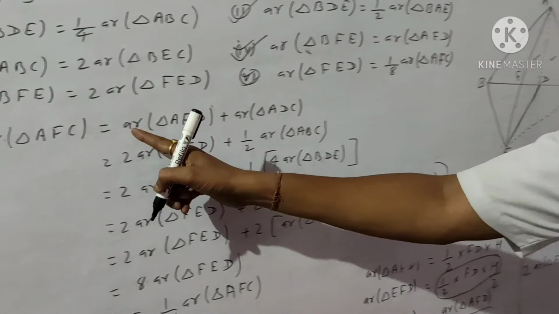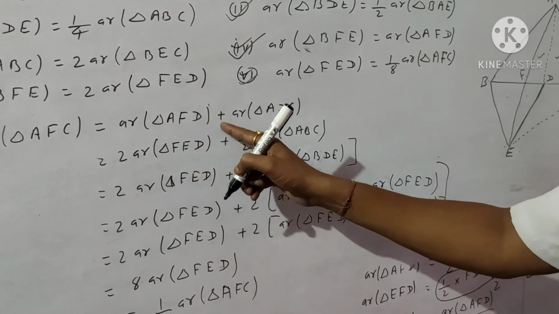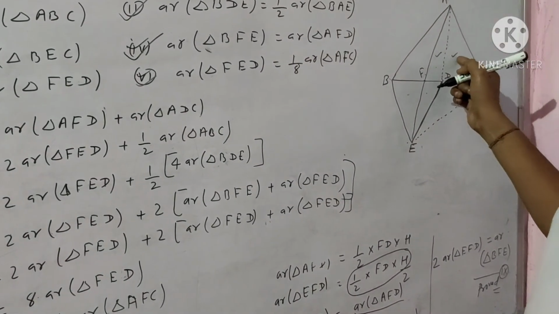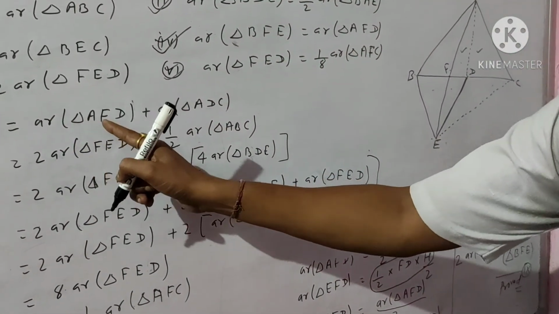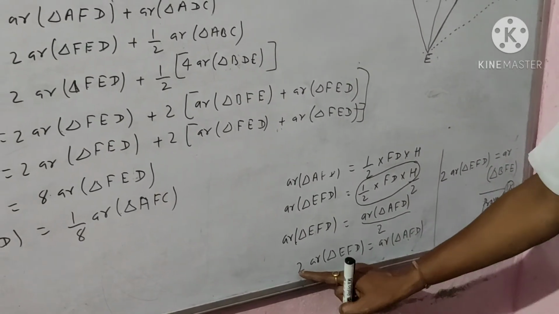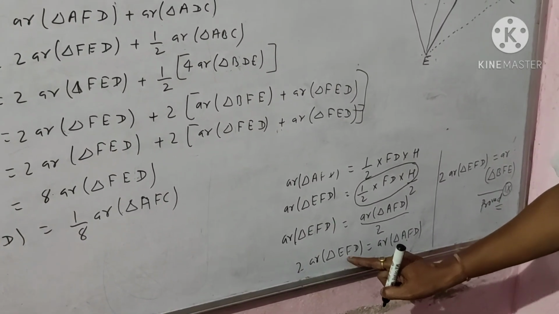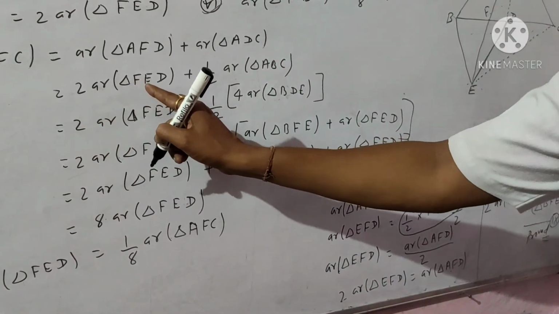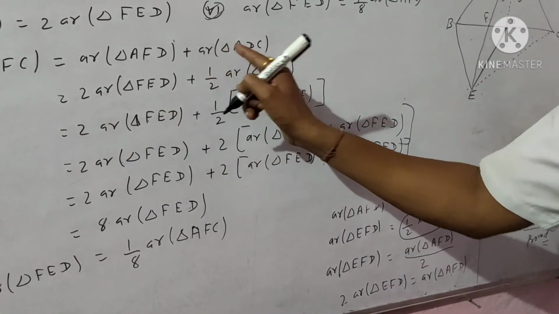So area of triangle AFD plus area of triangle ADC. Area of triangle AFD is equal to 2 times area of triangle EFD. So 2 times area of triangle FED plus ADC.